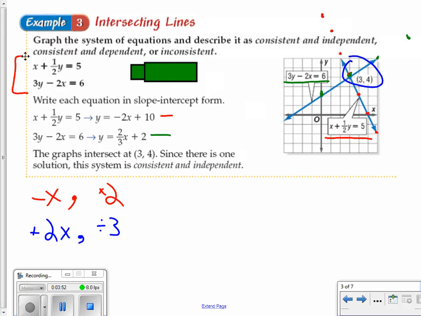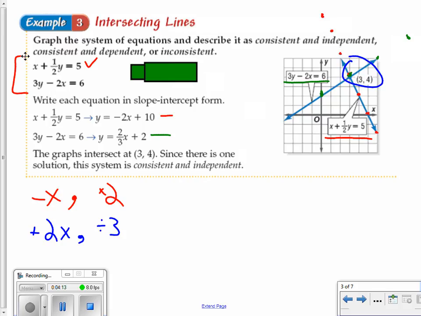We can check just to be sure that that fits into both of our equations. If x is 3 and y is 4, in our first equation we'd be saying 3 plus 1/2 of 4 equals 5. Half of 4 is 2, so 3 plus 2 is indeed 5. So our first one checks out.